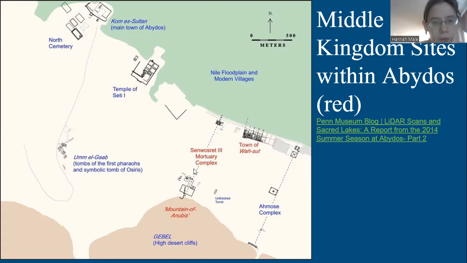And then a little bit earlier on in the Middle Kingdom, we have some of the rulers there that have their mortuary temples in that general area as well. And this is where some of the modern villages and Nile floodplain still is.